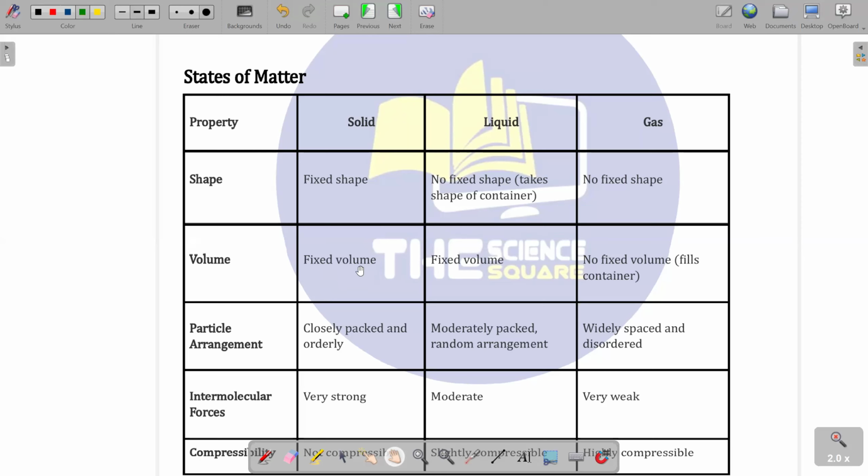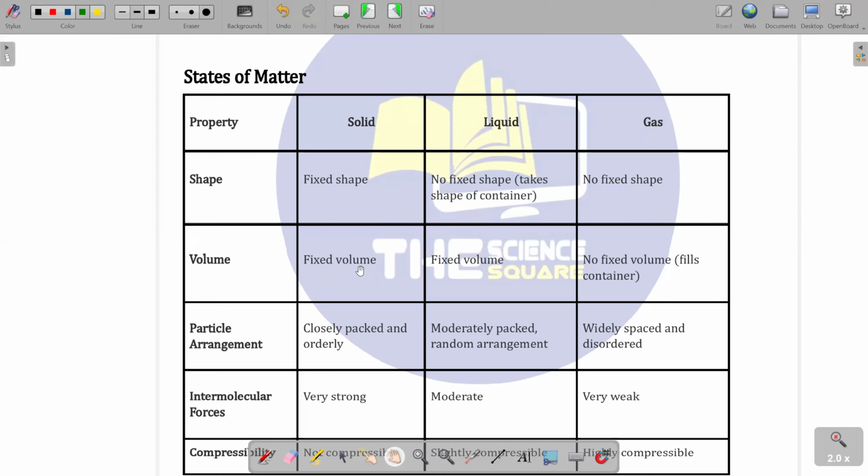Unlike gases, where the forces of attraction between molecules are weak compared to solids and liquids, hence the particles can easily move apart, occupying whichever container they are placed in. So the volume of gases is not fixed.